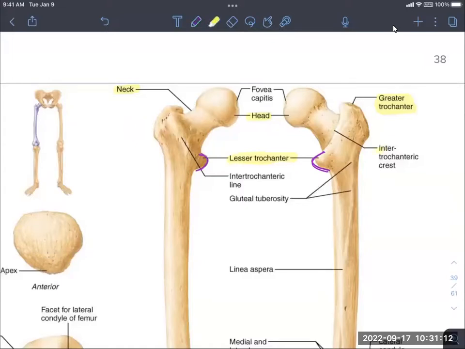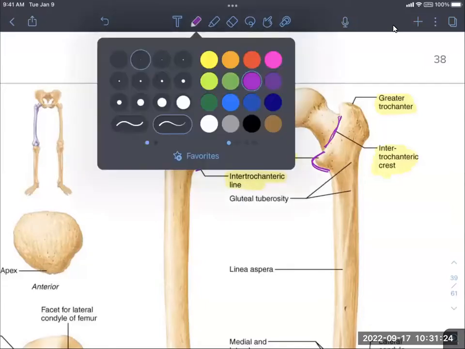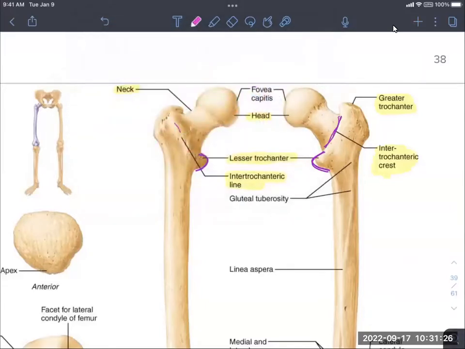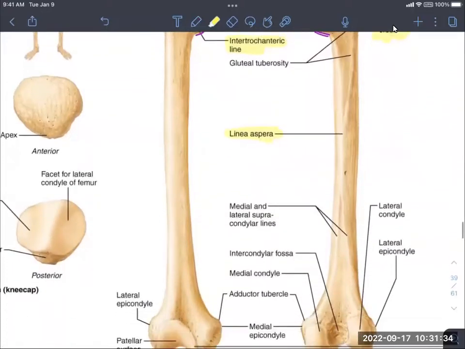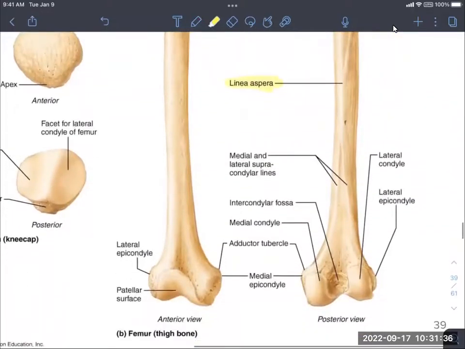You can see this intertrochanteric crest along here versus the intertrochanteric line over here. That linea aspera. Now to the bottom, the distal portion.